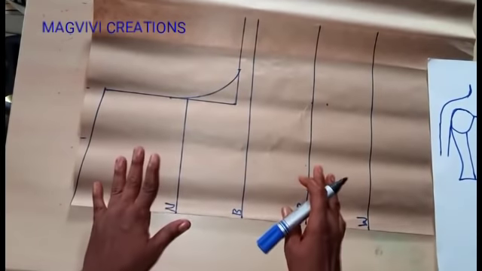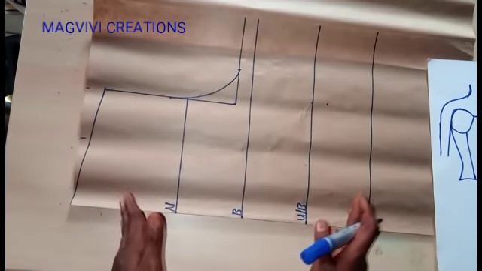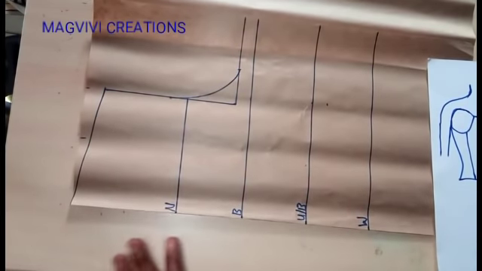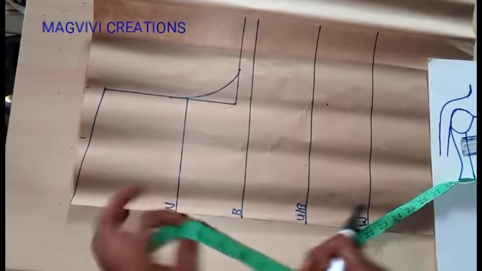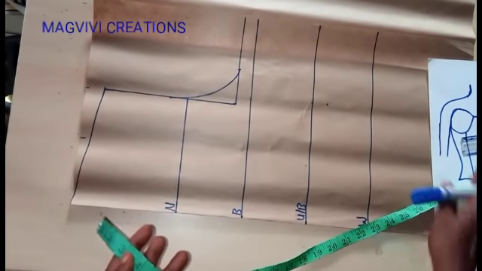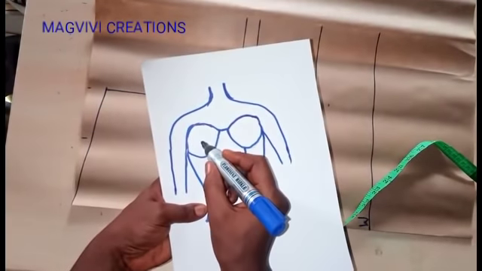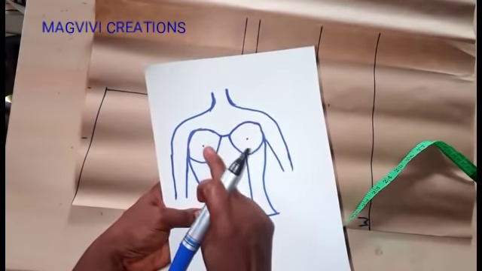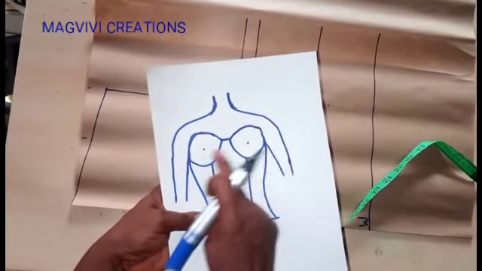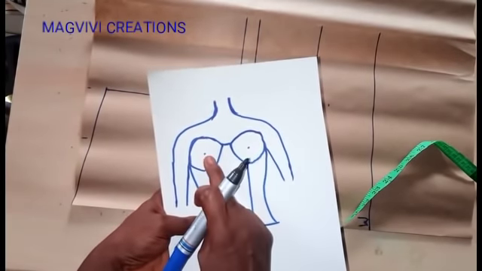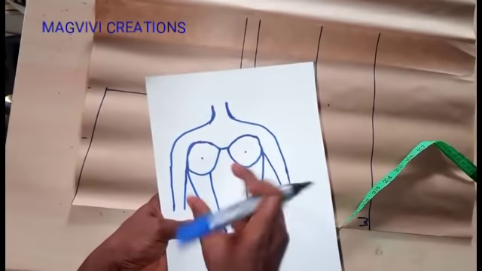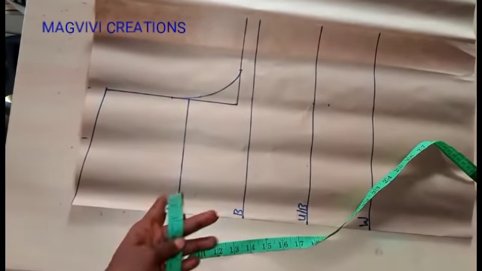The next thing is to place the bust span. Your bust span is nipple to nipple. Somebody was asking in the previous tutorial, what is nipple to nipple? That is your apex, from one apex to the other, or bust separation. That is your bust span. So from one nipple to the other, you measure it and you divide by 2.